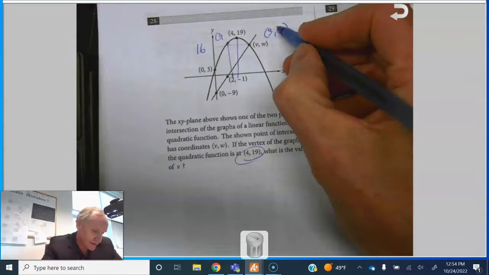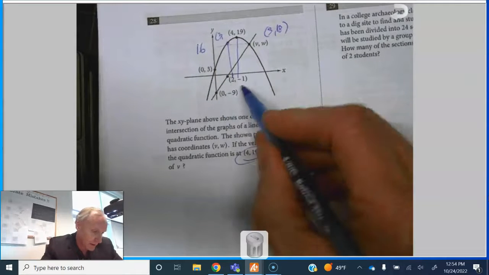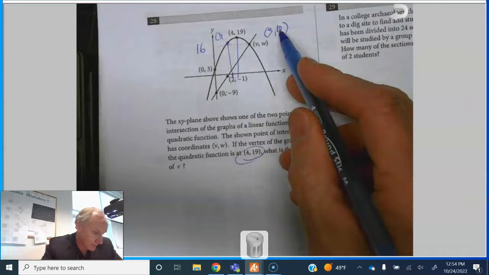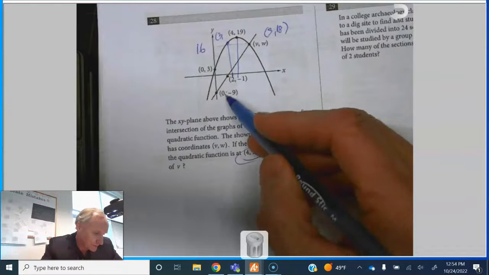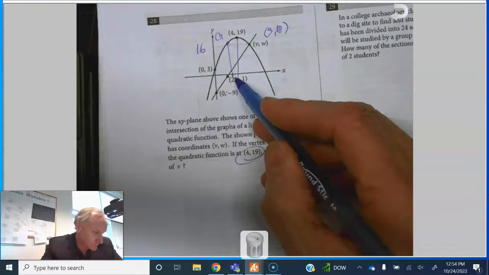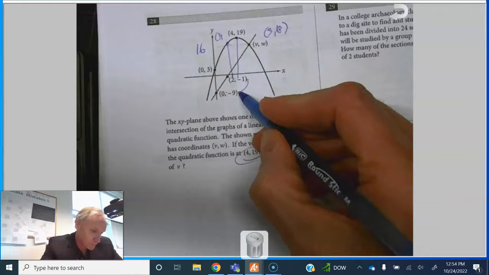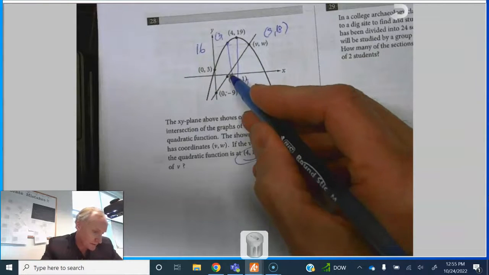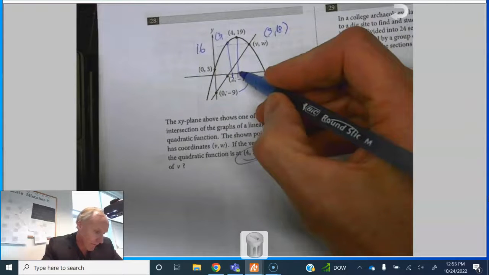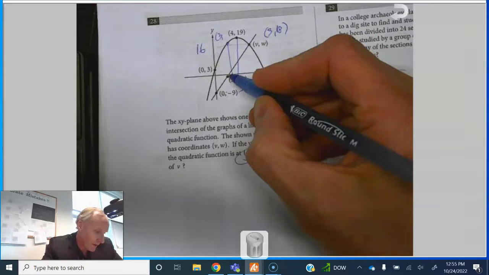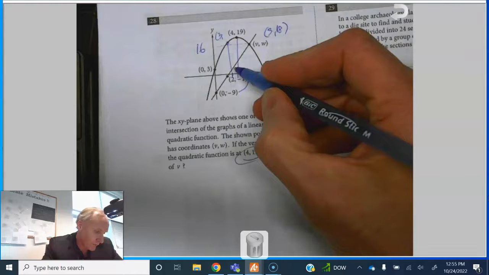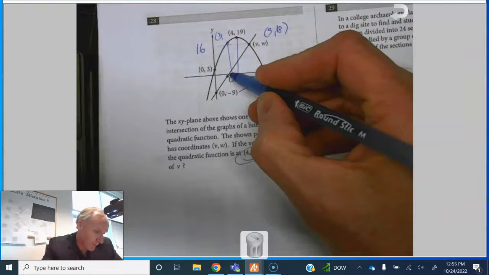And there's a way to test it to see if that's true. Let's see if 3 goes through 18. It certainly doesn't on this. Let's see, we have 2, -1, and we have a slope of, this is up 8, so it has a slope of 4.